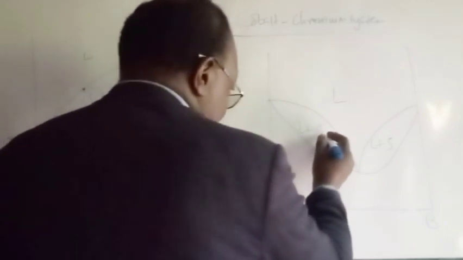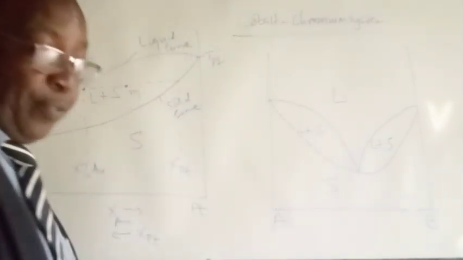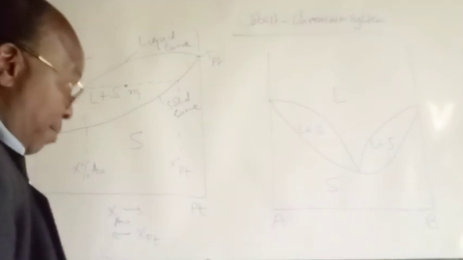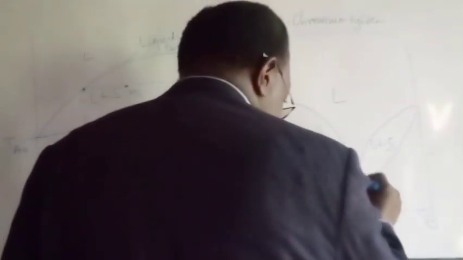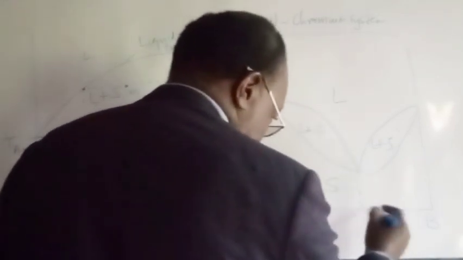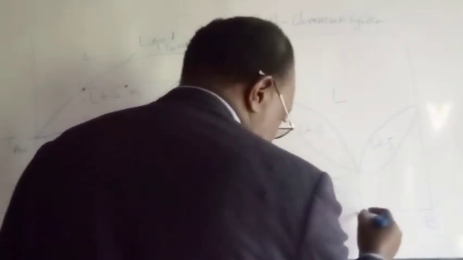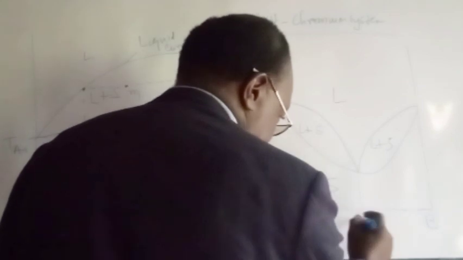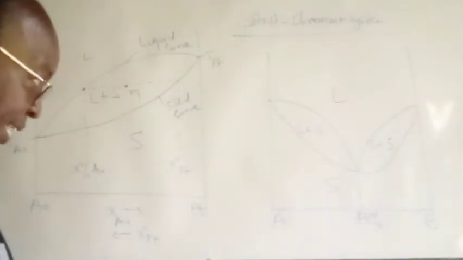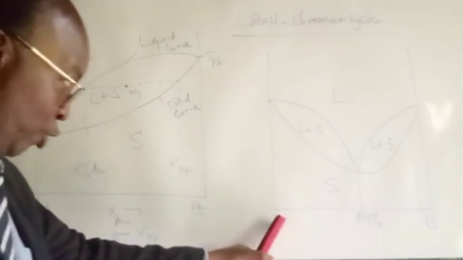And like I've said, the solid solution has both A and B in that solid matrix. So if this percentage, let's say that this corresponds to about 50 in the middle, let's say 51, 50, let's say 49%.